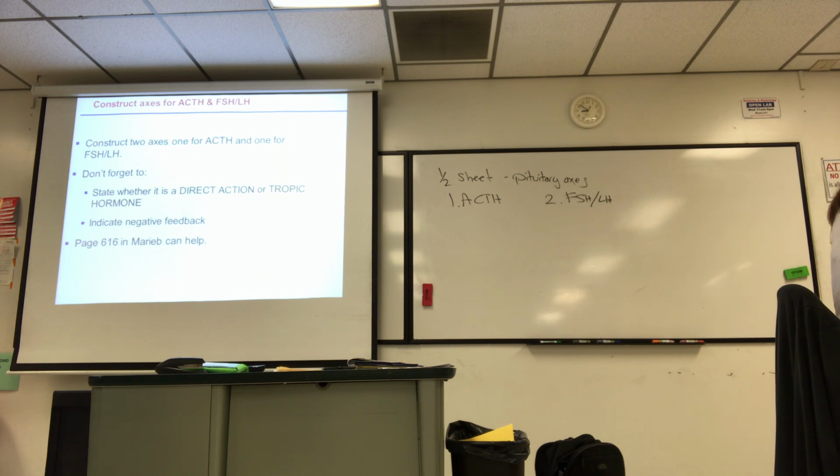Lay out where it starts, what it stimulates, what hormone is stimulated, what your target cell is, and what the response is. So it starts with the hypothalamus. It releases CRH, and the adrenal cortex releases corticosteroid hormone.